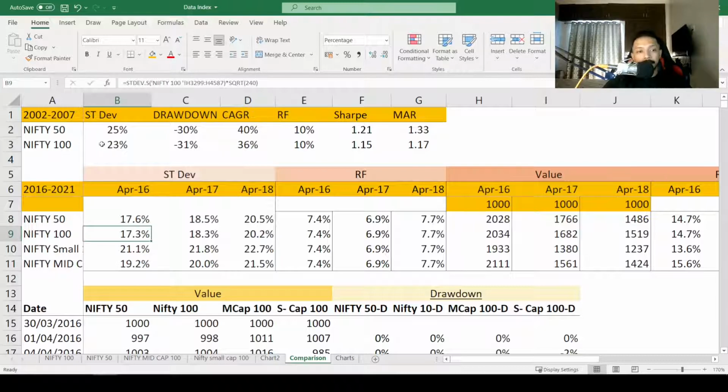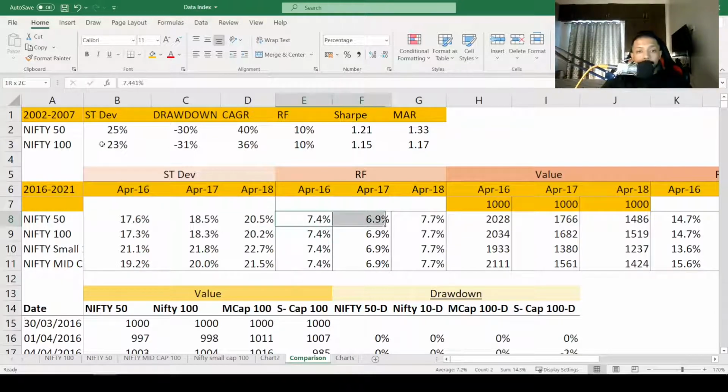Nifty 100 is 17.3, expected, right? Nifty small is supposed to be higher, and Nifty mid cap is about 19.2. And if you see in all of these 3 years of sampling that I've done, in all of the cases, mostly your standard deviation is obviously lower with Nifty 50, which means low risk, right?